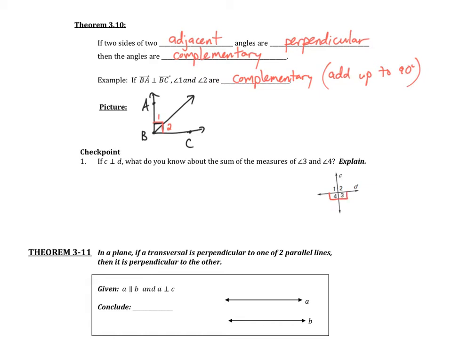We know that measure of angle 3 plus measure of angle 4 equals 180, because angle 3 and angle 4 form a linear pair. We know they add up to 180, and actually they're both 90, so 90 plus 90 is 180.